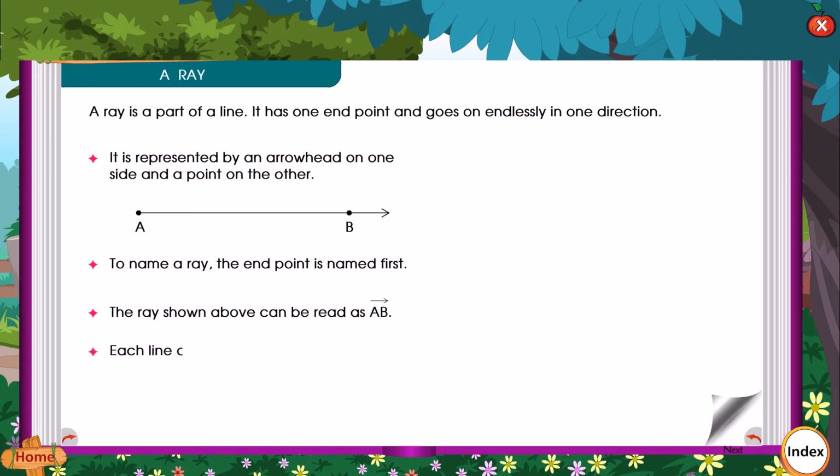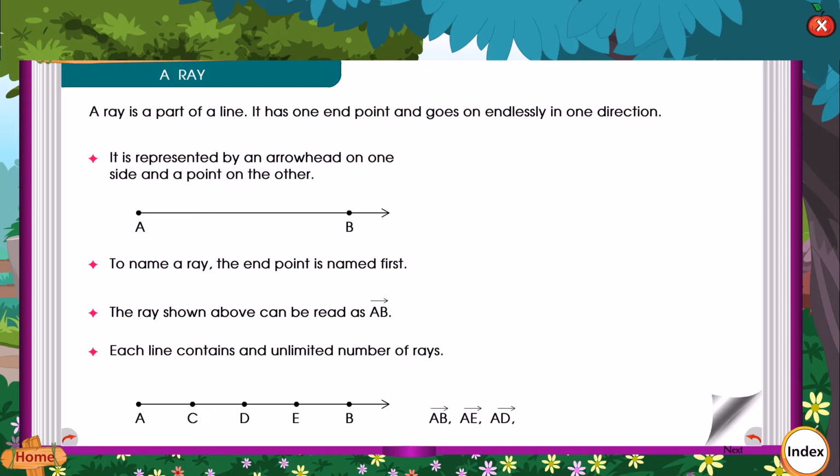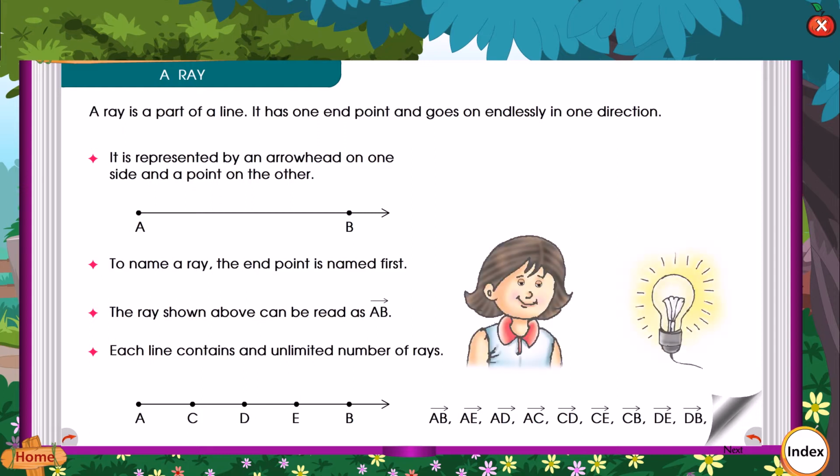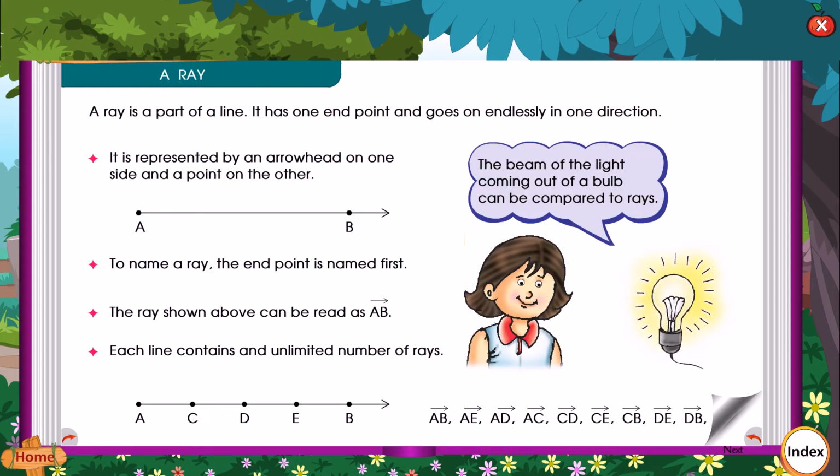Each line contains an unlimited number of rays: AB, AE, AD, AC, CD, CE, CB, DE, EB. The beam of light that comes out of a bulb can be compared to rays.